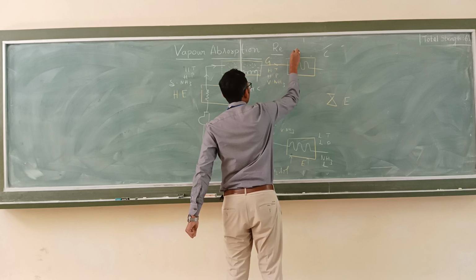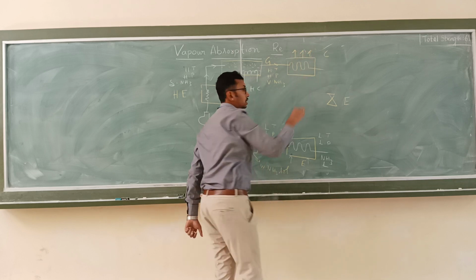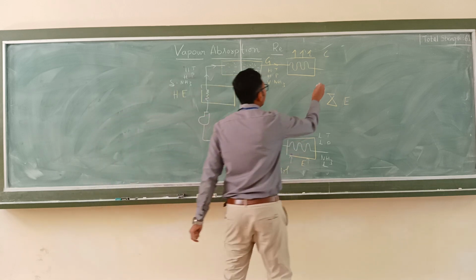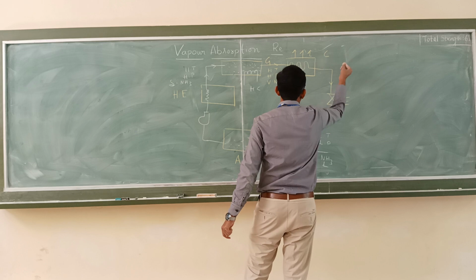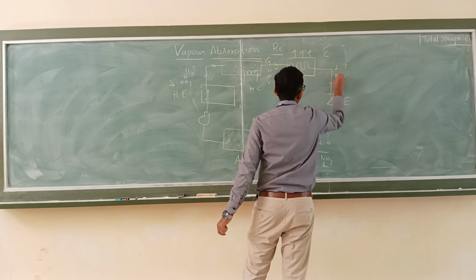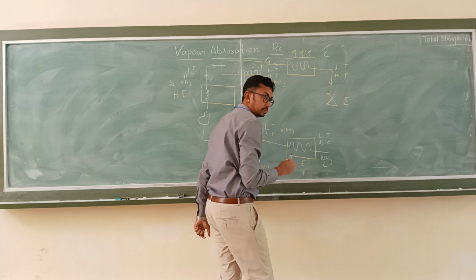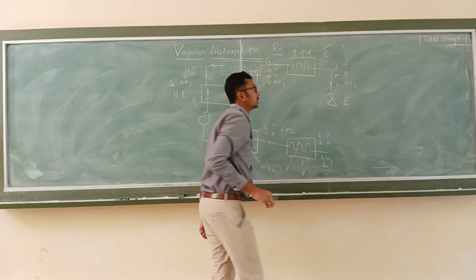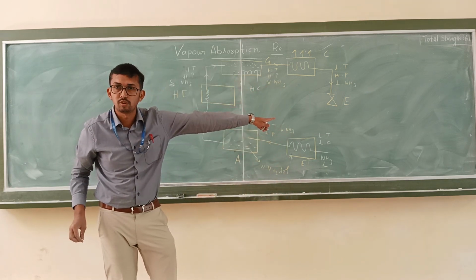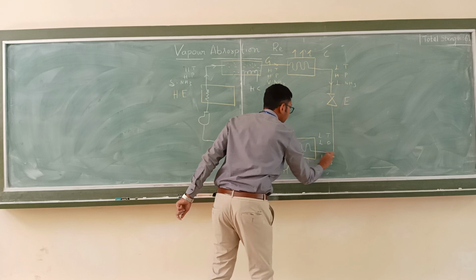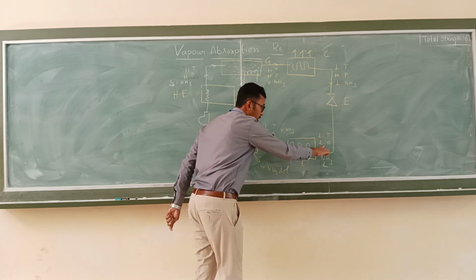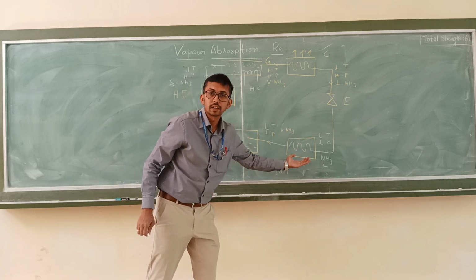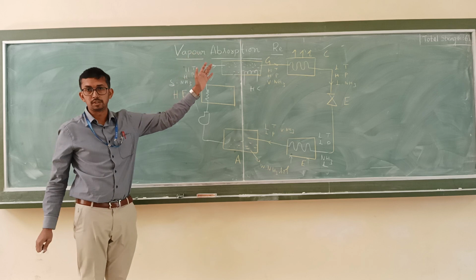What happens in the condenser? The heat will be rejected to the atmosphere, and once again it undergoes phase change. Heat will be dissipated, so it will be low temperature, high pressure liquid ammonia, which is passed to the expansion valve, where it expands to low temperature, low pressure liquid ammonia. Once again it is passed to the evaporator, and the cycle repeats.